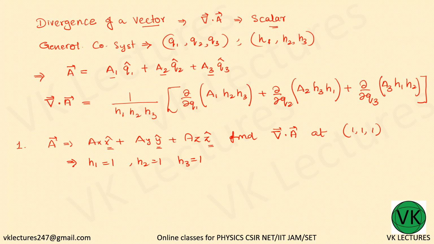Now dou by dou q1 means dou by dou x of ax. a1 is ax, so ax plus, because h2 and h3 are all equal to 1, dou by dou y of a2, that is ay, plus dou by dou z of az.